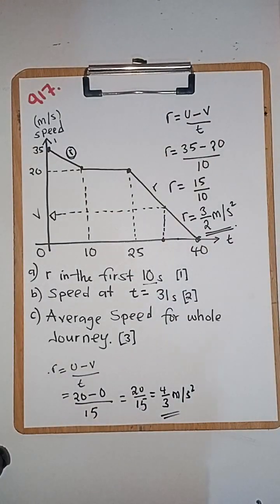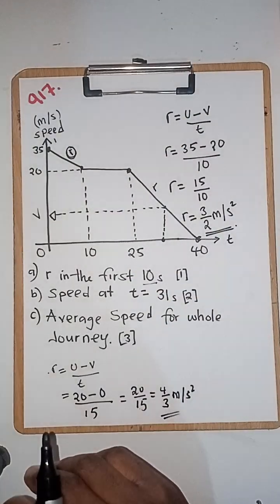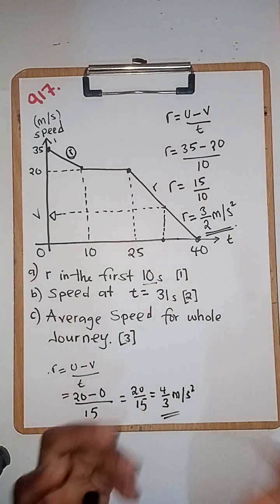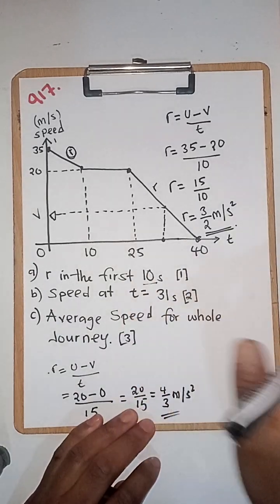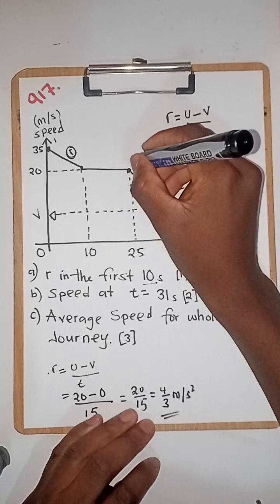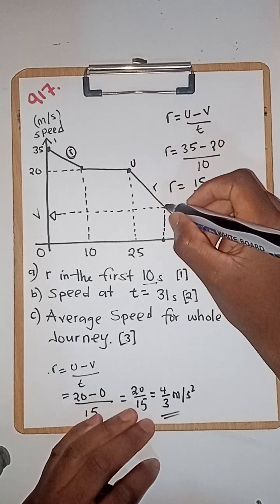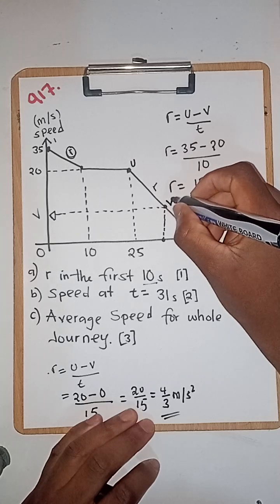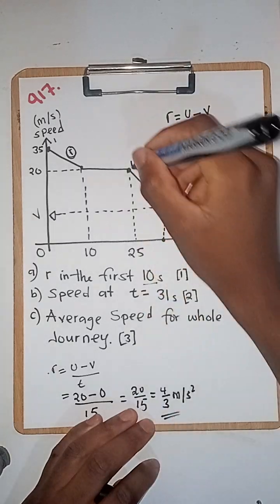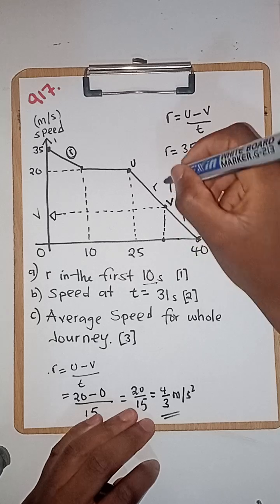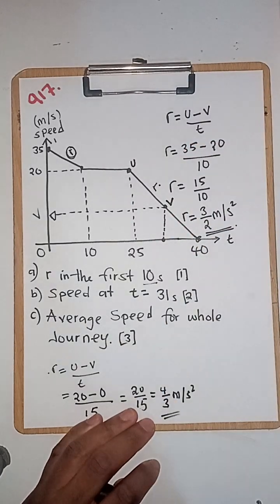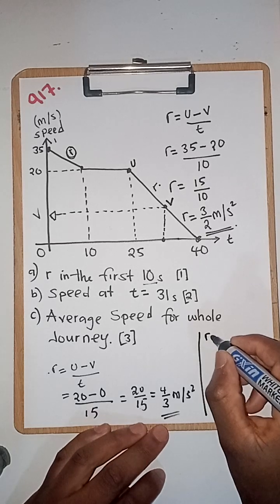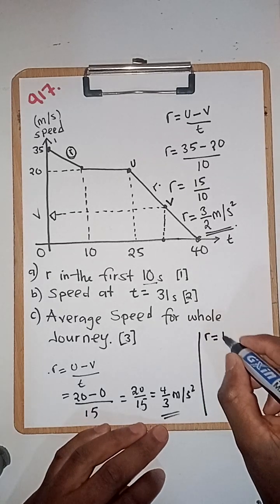Now, after finding the R, we can now use that R to get what we need. So here we're going to say this here will be our initial. Now, this is the speed we need, which is right here. So here we're going to name it V. Okay, so we have our initial and our final. The R is now 4 over 3. So we are going to say R will be equal to the same formula.